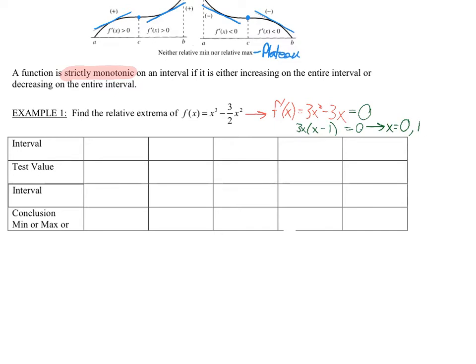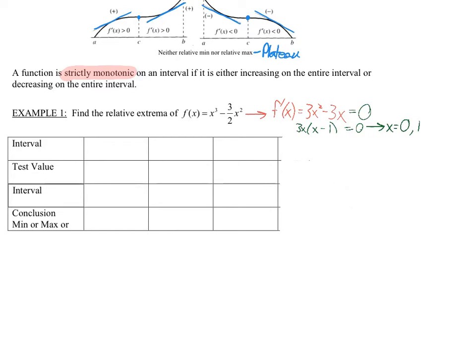Okay, so let me get rid of this part here. Let's get back to normal writing.